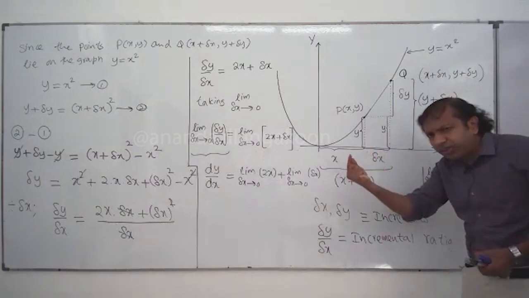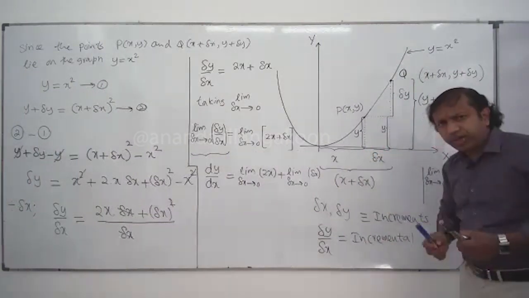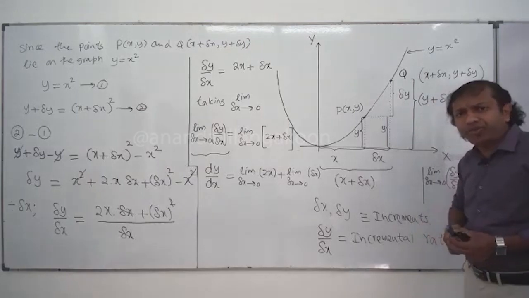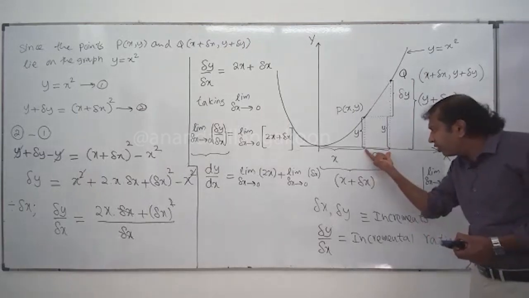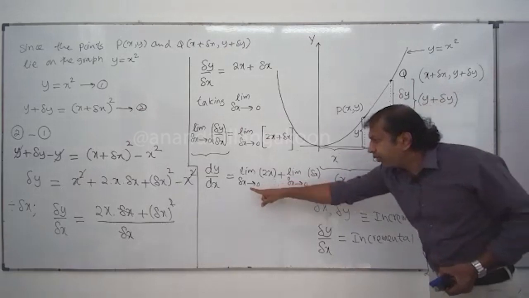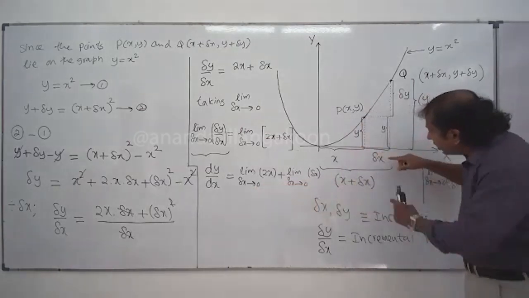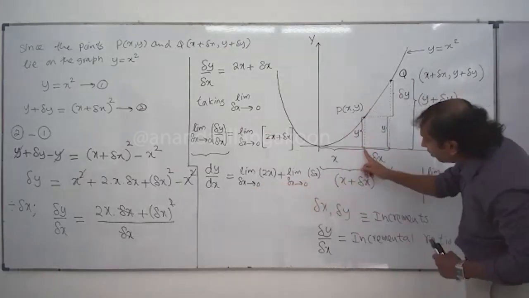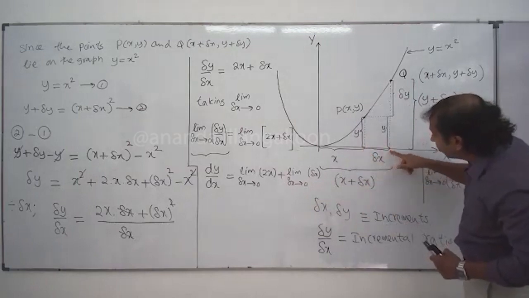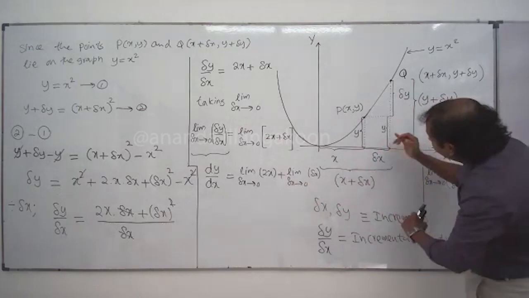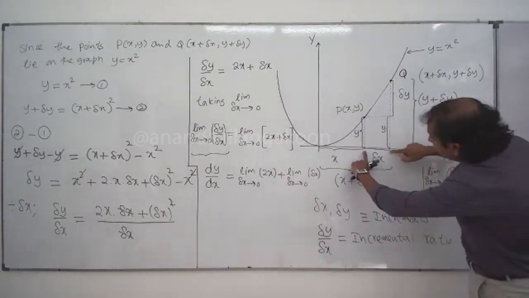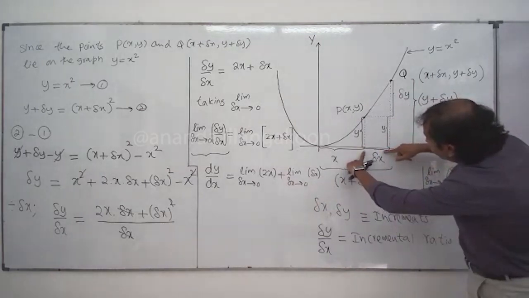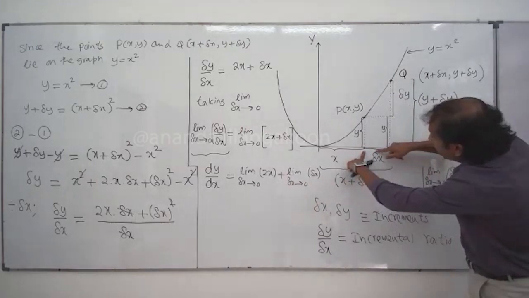Delta x means increment of x. That increment of x is this. It is going to 0 means, people, the gap, the delta x begins from here and ends here. Delta x going to 0 means this right hand side dotted line, this gap reduces.